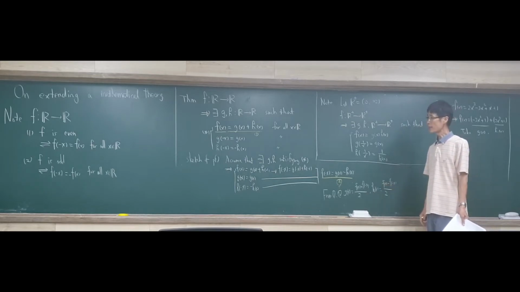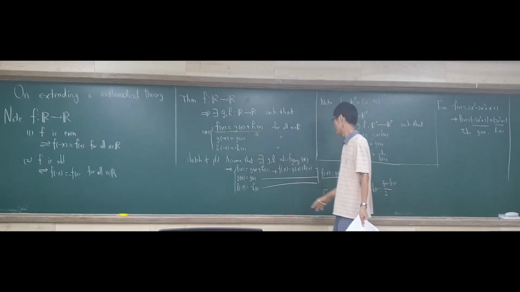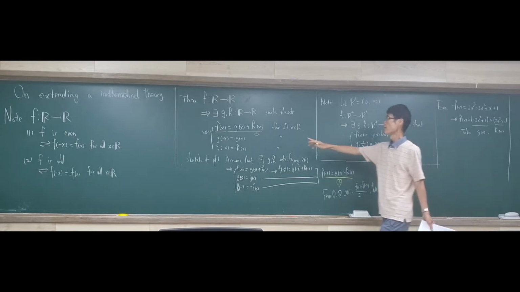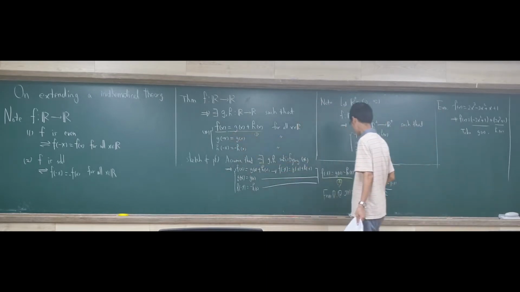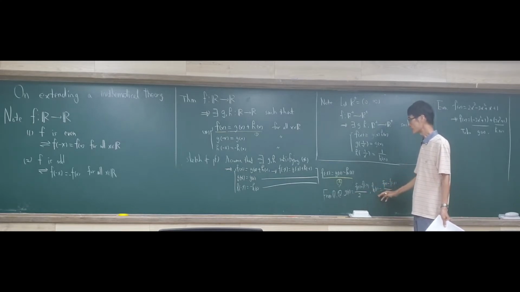And you can easily check that these three conditions are satisfied. Say that if we add g and h, then we can easily see that it becomes f of x, and g of minus x is equal to g of x, and h of minus x is equal to minus h of x.